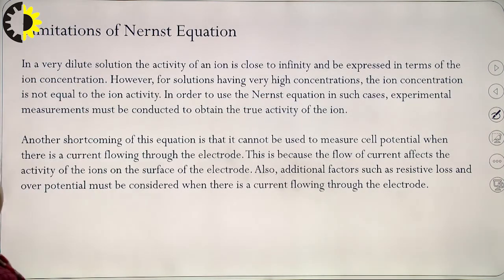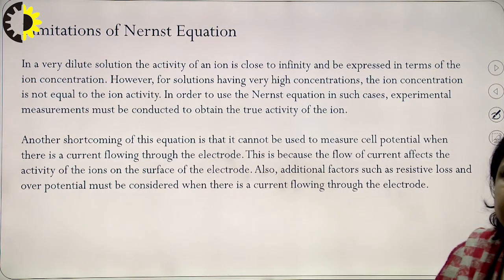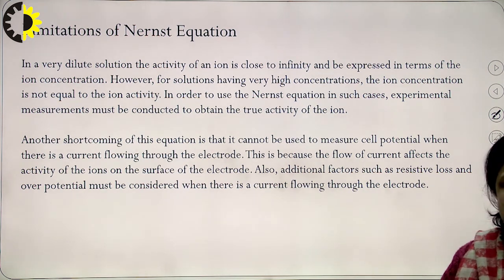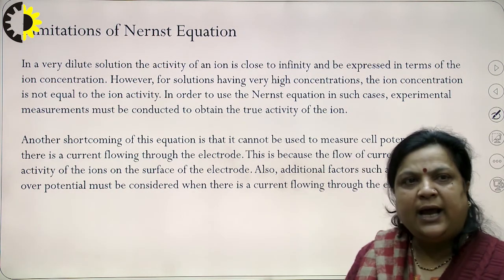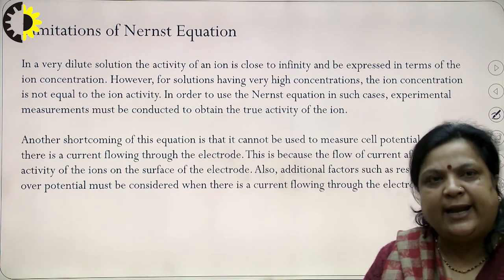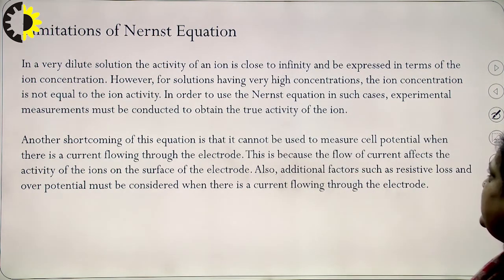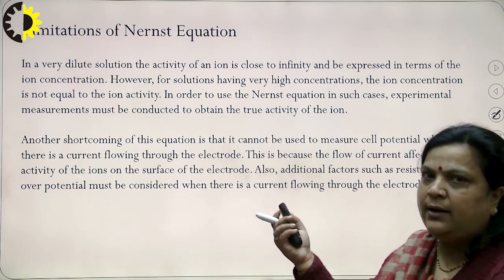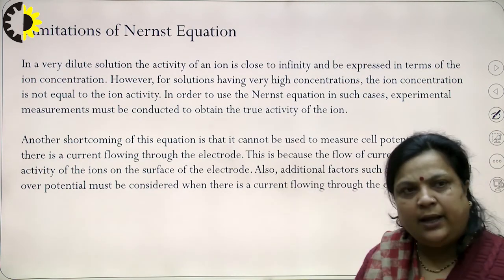Now, limitations. The first limitation: in a very dilute solution, the activity of an ion is close to unity and it can be expressed in terms of ion concentration. However, for a solution having high concentration, the ion concentration is not equal to ion activity. So, if the Nernst equation is used, the experimental measurement must also be conducted for known solutions to find the true activity of the ion.